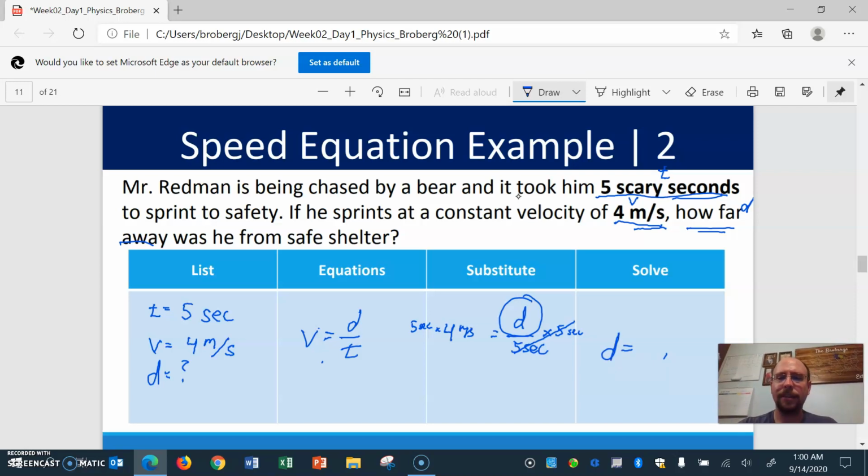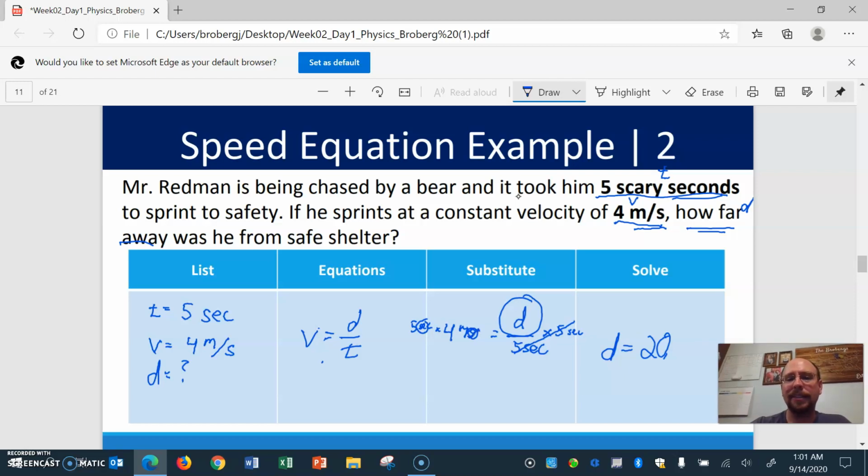This distance is 20. But what's my unit? The unit really comes from what we did. We have 5 seconds and 4 meters per second. I have seconds in 2 places: seconds here, and seconds on the bottom here.